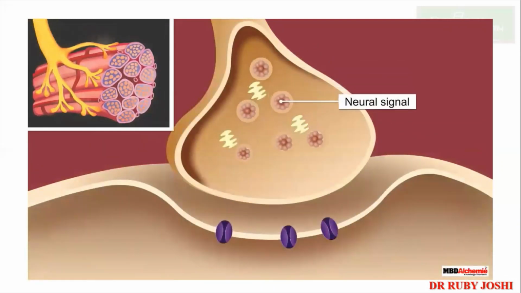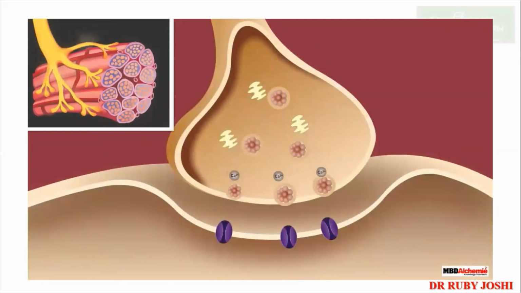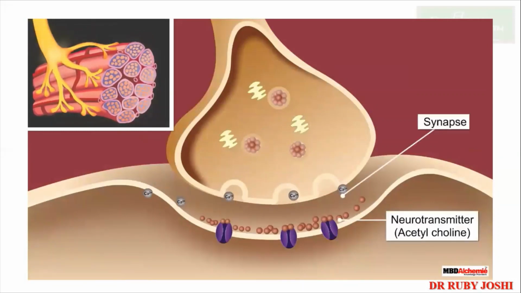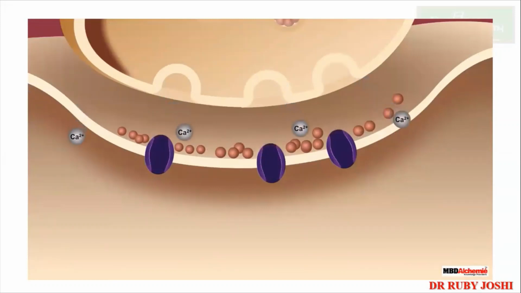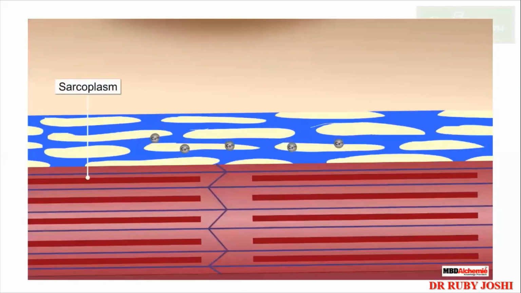A neural signal, on reaching the neuromuscular junction, releases a neurotransmitter, acetylcholine, thus generating an action potential in the sarcolemma. This action potential spreads through the muscle fiber and causes the release of calcium ions into the sarcoplasm from the sarcoplasmic reticulum.